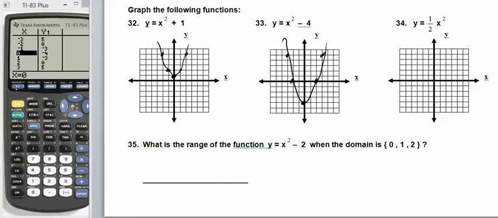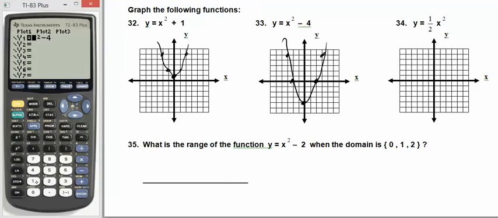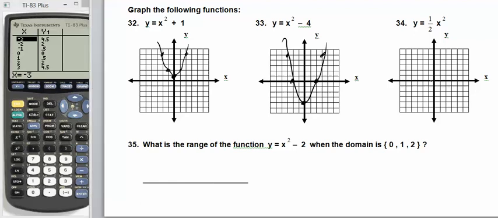All right, one more, 1/2 x squared. So 1 divided by 2, x squared. All right, so this one's a little wider. Looks like 0, 0 is going to be our vertex. So 0, 0. And it's also our only 0, only solution, right?